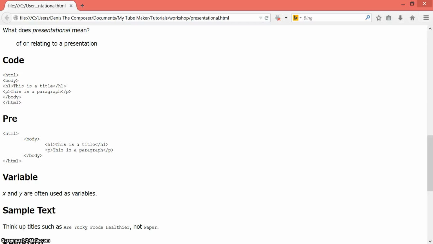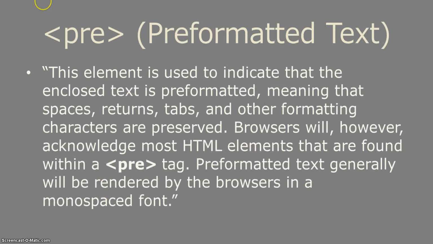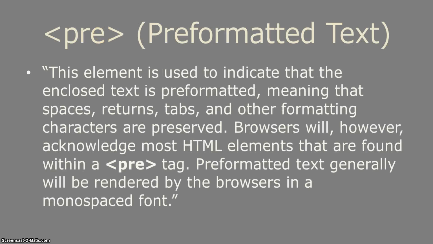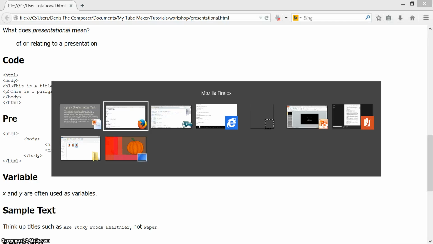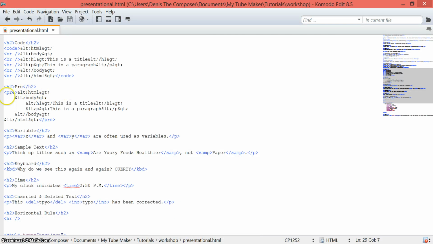Our next tag is code, and code is just a way of saying that it's source code in a programming language. Notice that what they say here, this element is best used for short code fragments because it does not preserve white space. What they mean here is that we have this pre tag, which is a bit similar to the code tag, except that it preserves the indentation you put.